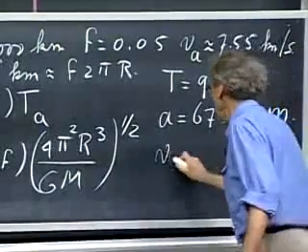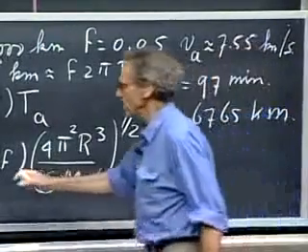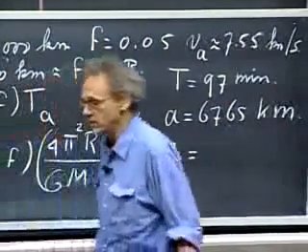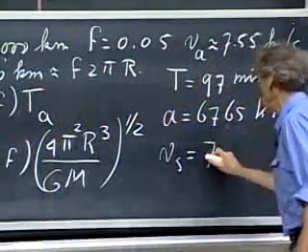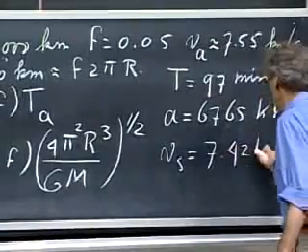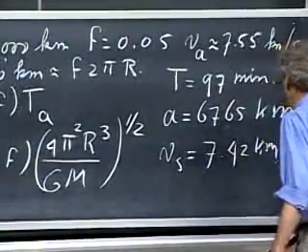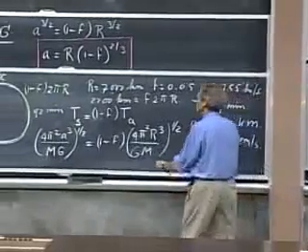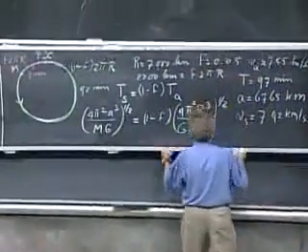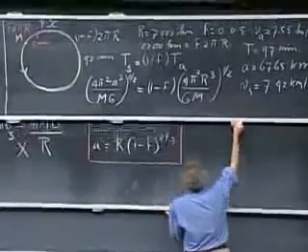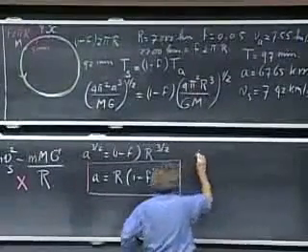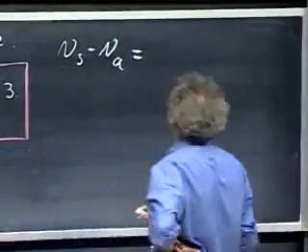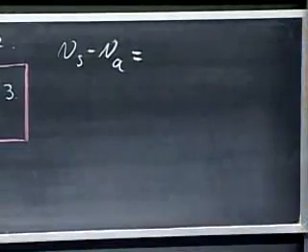The speed of the sandwich, which follows then from equation number 6, which was the conservation of mechanical energy, is 7.42 kilometers per second. Now, what matters is not so much what the speed of the sandwich is, but what matters for Peter is the speed that he will have to give the sandwich, which is V of S minus V of A. You have to subtract the speed.